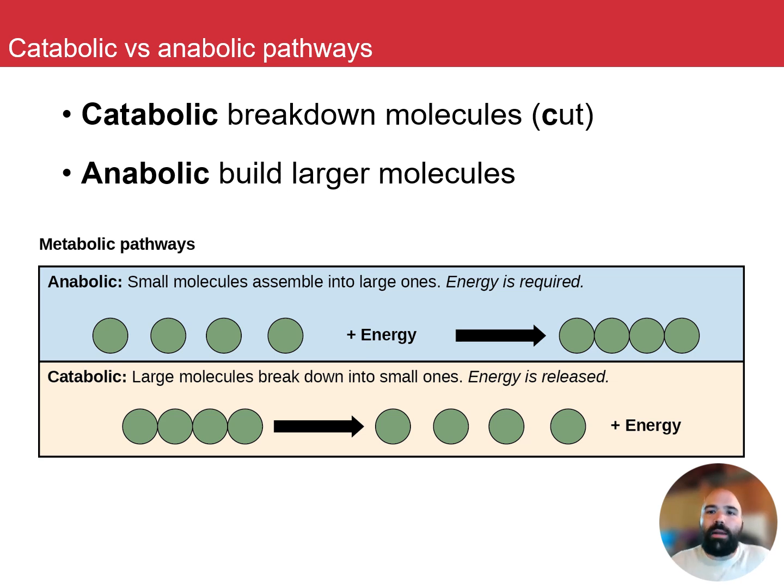When we talk about metabolic pathways, we can classify them into one of two categories: catabolic pathways and anabolic pathways. Catabolic pathways break down larger molecules or cut them into pieces, whereas anabolic pathways take smaller pieces and build them into larger molecules.